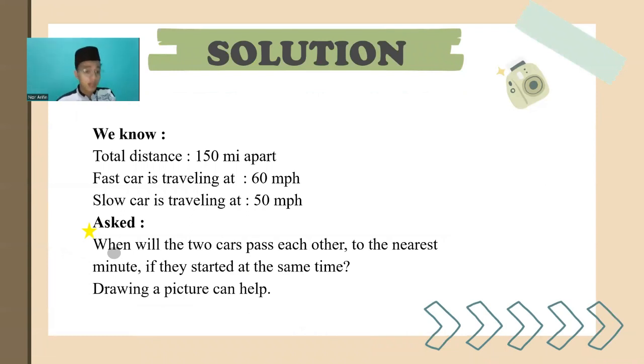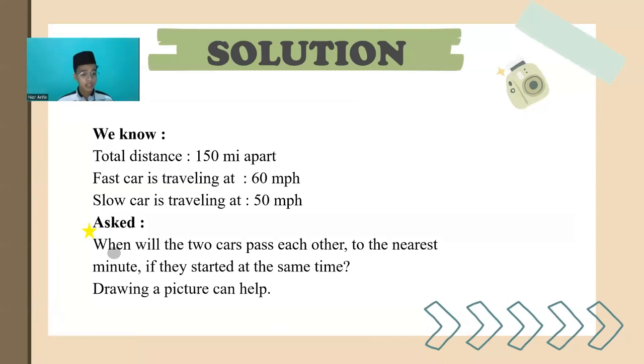The solution: we know the total distance is 150 miles apart, and the fast car is traveling at 60 miles per hour, and the slow car is traveling at 50 miles per hour.